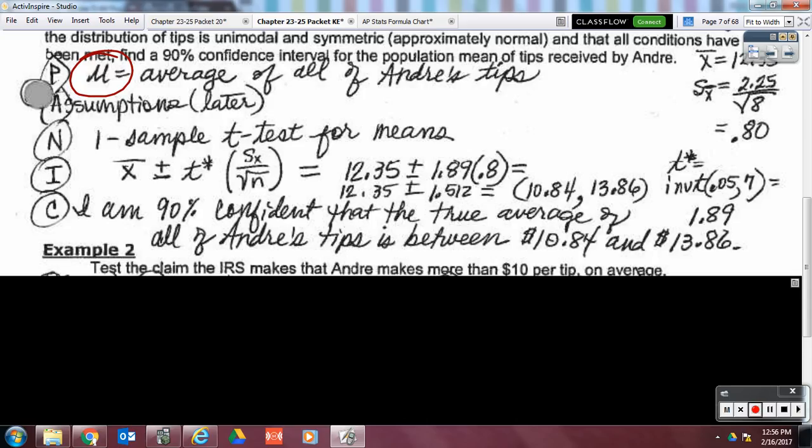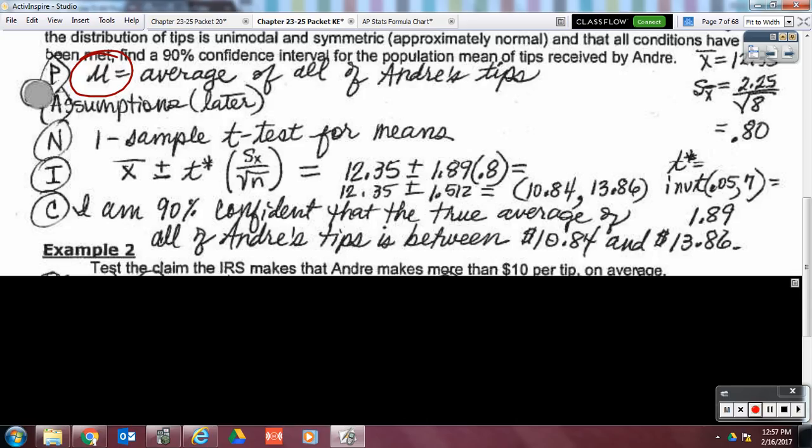So when we run a test tomorrow, what will our null hypothesis be? Mu equals 10. What will the alternative hypothesis be tomorrow? Mu is greater than 10. So the IRS says, hey, Andre, you may think it's 10, but you put 10 on your tax return, but we think it's greater than 10.